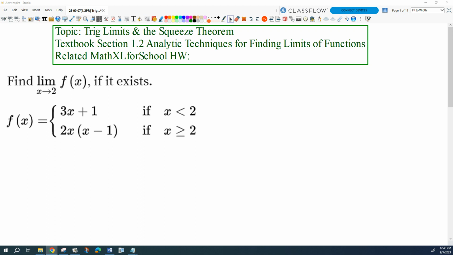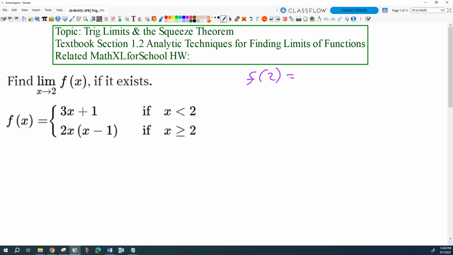I mean, we can. The function is defined at 2, but in this case, just because the function exists when I plug in 2, and by the way, you just tell me real quick, what is f of 2? Four. How'd you get that?